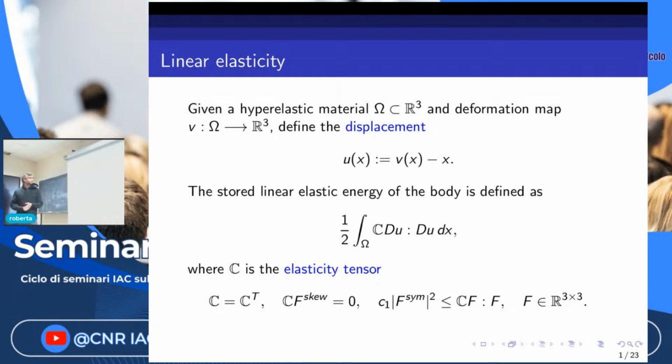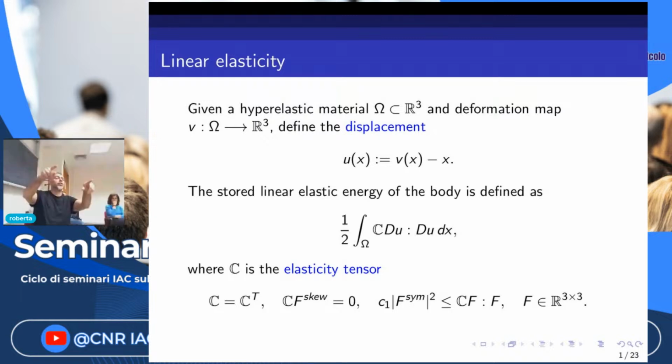Just a quick word about the linearized setting here. This norm, the square norm of it.